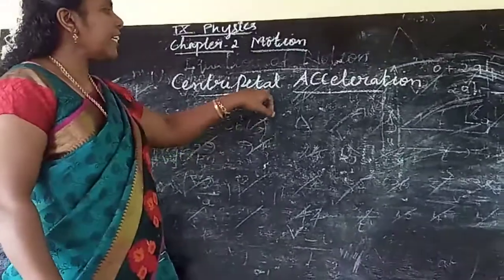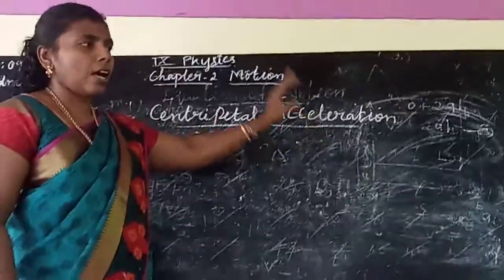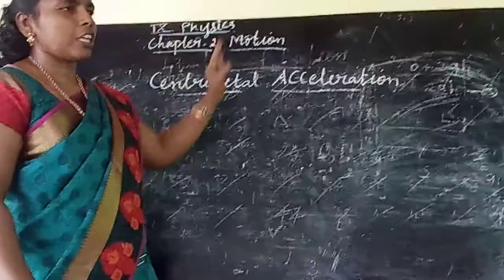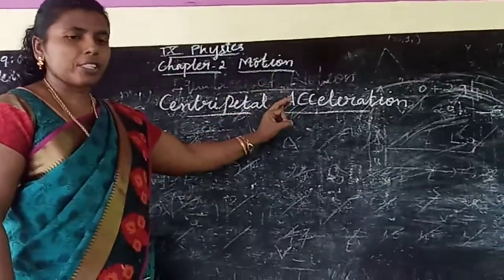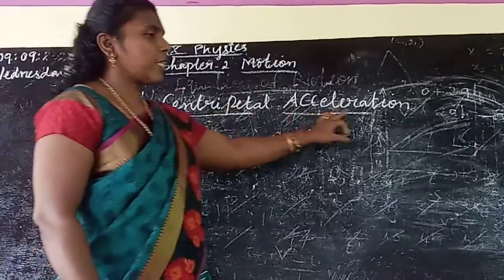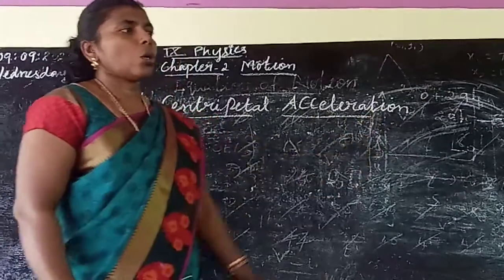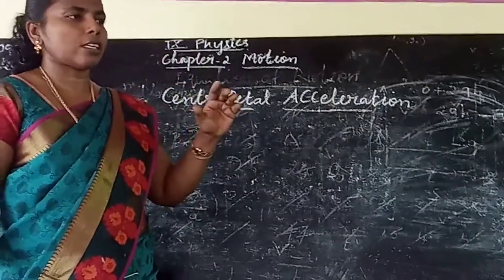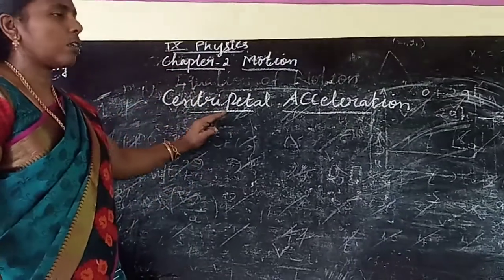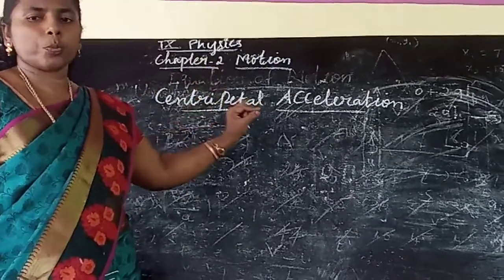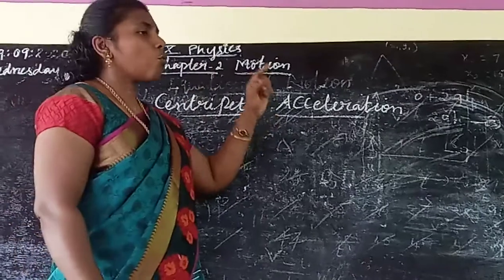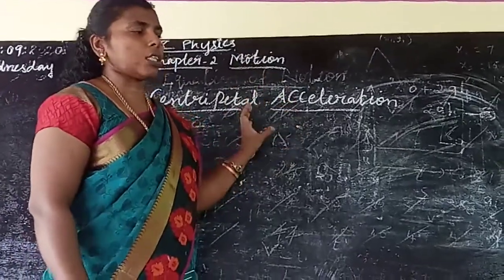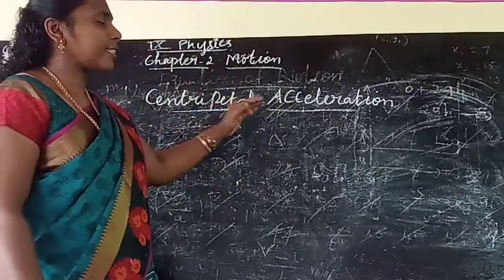Next one, centripetal acceleration. Already we have learned the motion of a freely falling body, then uniform circular motion, then centripetal acceleration. In uniform circular motion, the object moves along a circular path with a constant speed, and that is an accelerated motion.